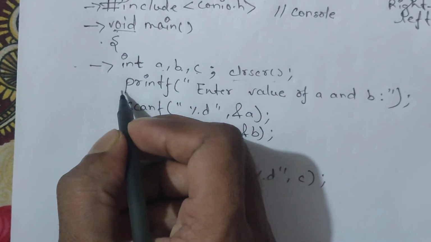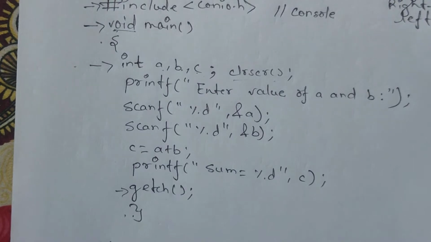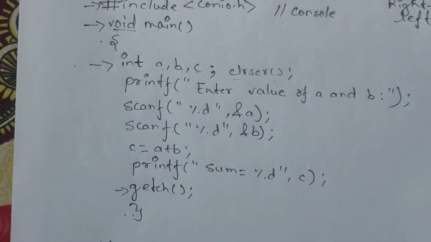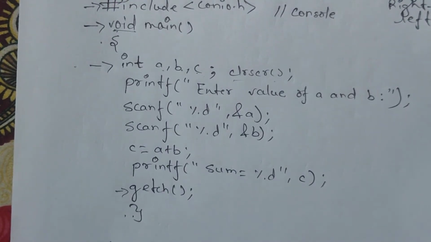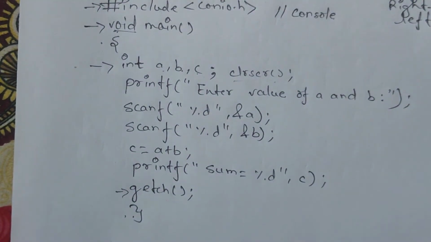So let's see, we are going to take some variables from users. We are the programmers and we have to take some values from the users, end users I mean. So let's take the value from them, and let's give them some message, so that they will enter the particular thing that is intended.